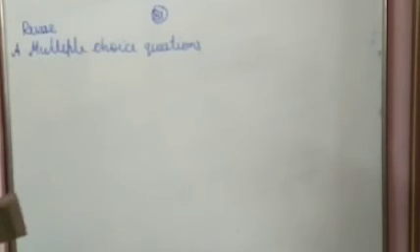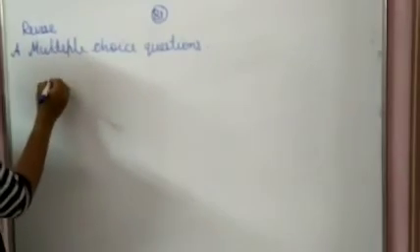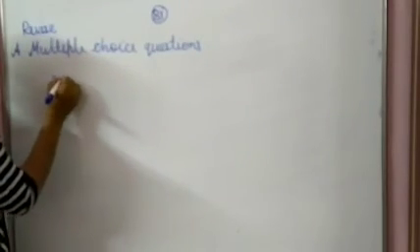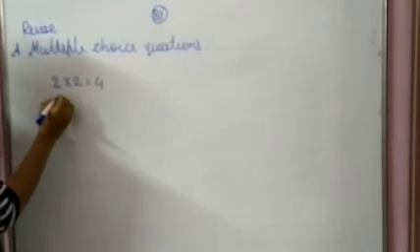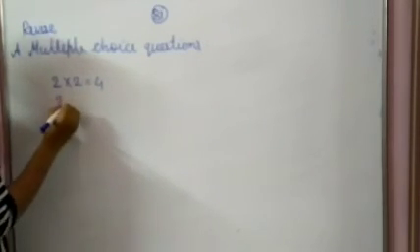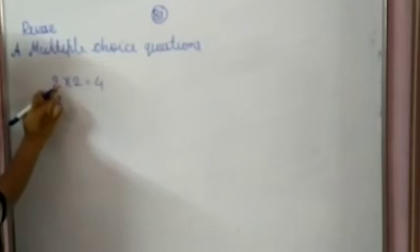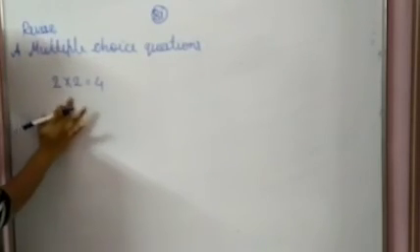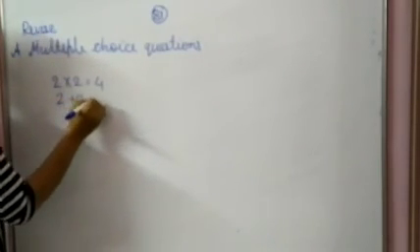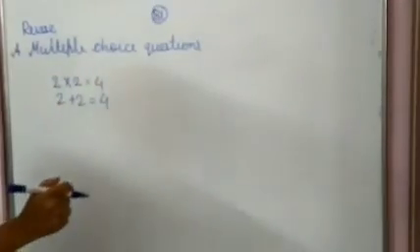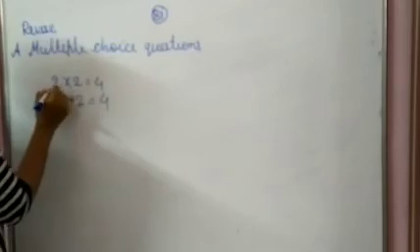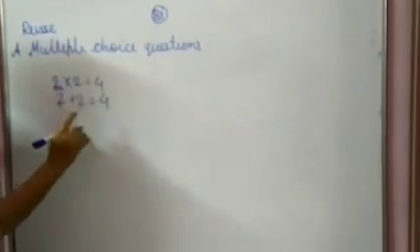So what do you mean by multiplication? Multiplication means what? Suppose 2 into 2 is equal to 4. Here, this number we add. See, 2 plus 2 is equal to 4. Now we write 2 two times.